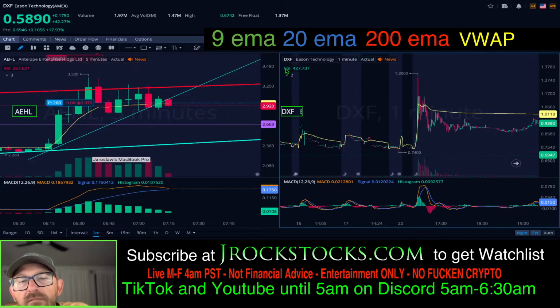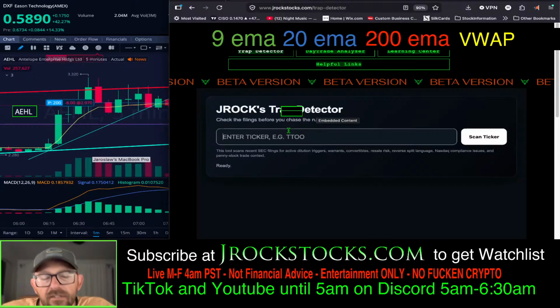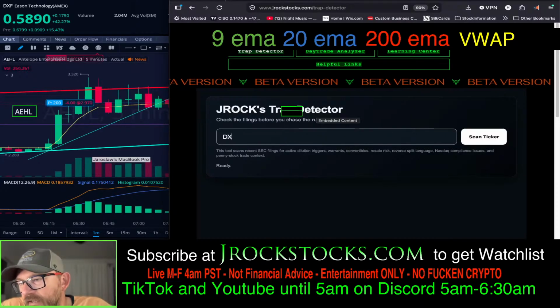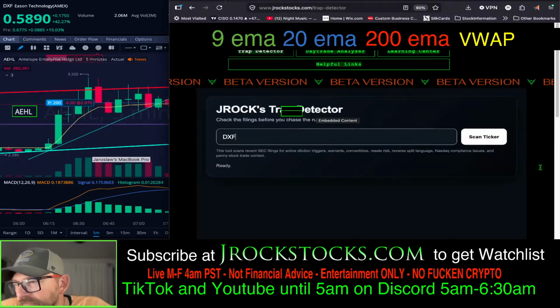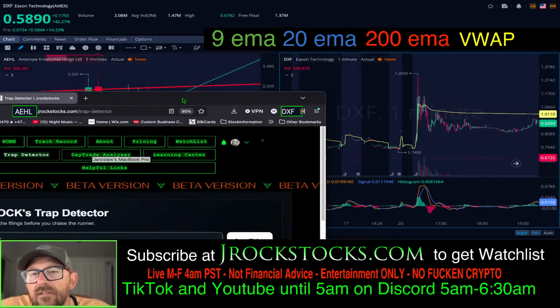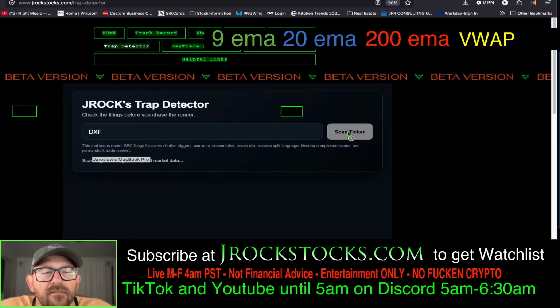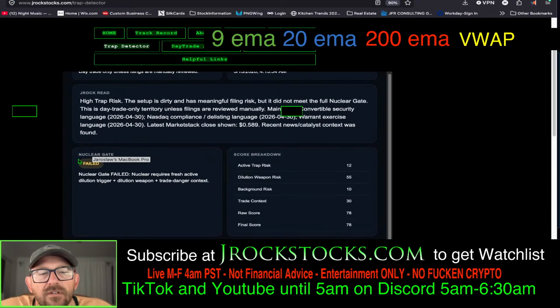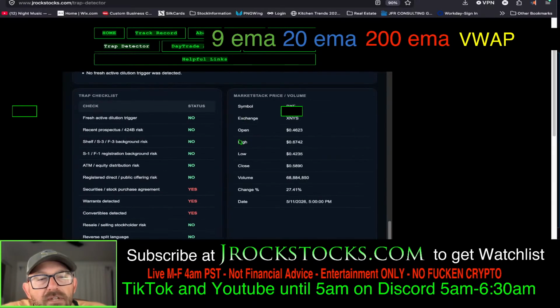So again, I'm sure it's very toxic. You go to Trap Detector, you put in DXF, that's the stock we were looking at there. You hit scan ticker, see what it comes up with. Oh, good, no nuclear gate. It's a 78 out of 100. It's a high trap risk. You scroll down, you go, why?